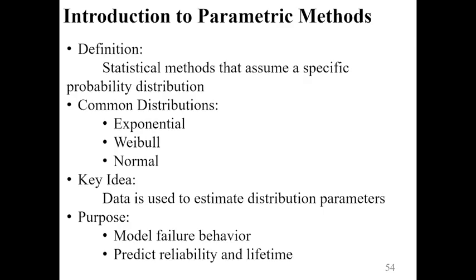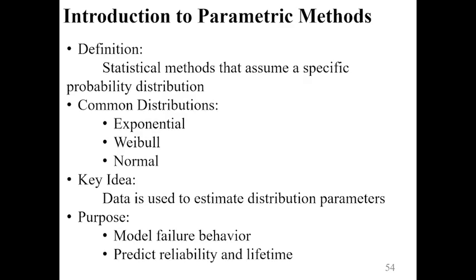In these methods, the collected data can be used to estimate the parameters of the chosen distribution, such as scale and shape parameters. Once these parameters are determined, you can model the failure behavior of the system and predict important reliability measures such as lifetime, failure rate, and survival probability.